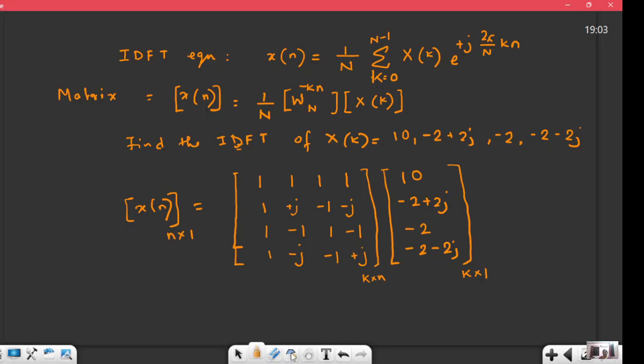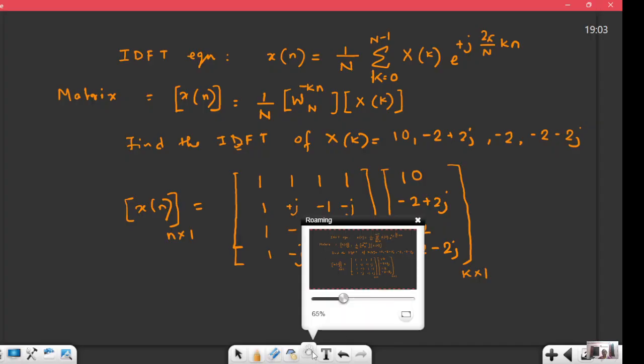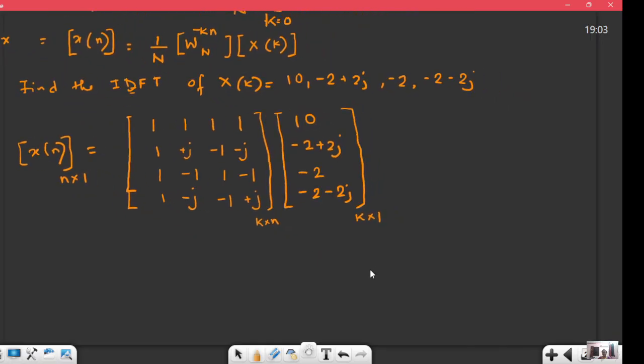So let us write the multiplication terms. The first row will be the addition of all these things: 10 minus 2 plus 2j minus 2 minus 2 minus 2j.